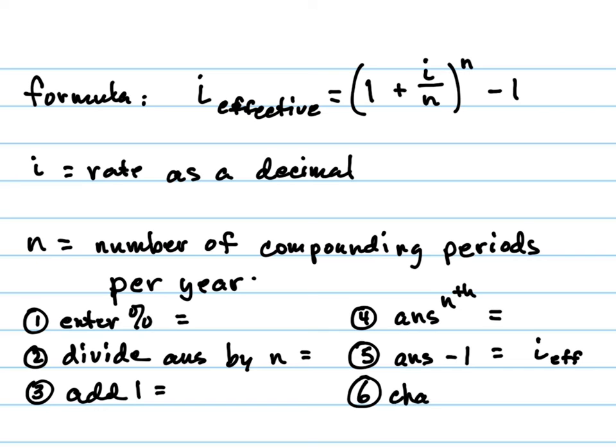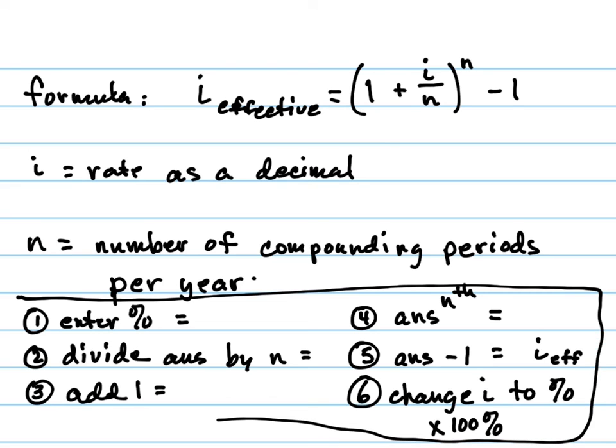So change I to a percent. And remember, to do that, just multiply by 100% or move the decimal and add the percent symbol, again, depending on your comfort level. All right? So again, that's all there is to it. The key is to make sure that when you're entering your things in your calculator that you're hitting that equal symbol after each stage so that you can get the correct answer. Again, you can enter the whole thing if you're really good at it, but generally, for most people, you'd prefer to just take it one stage at a time.